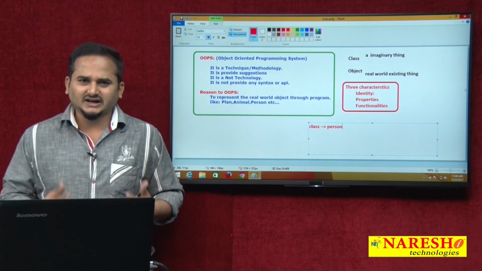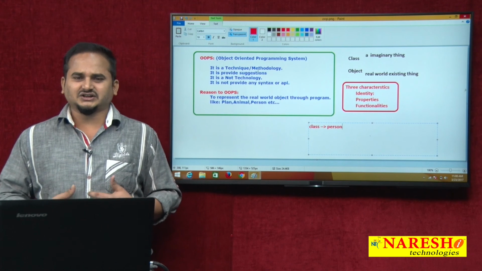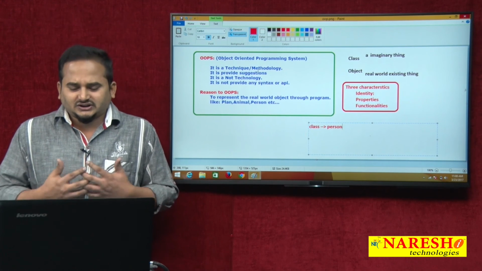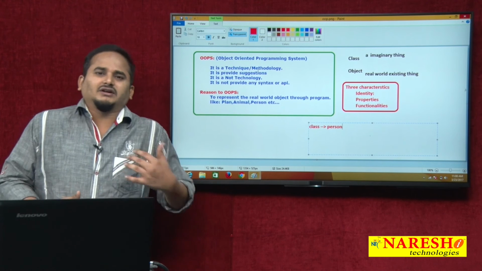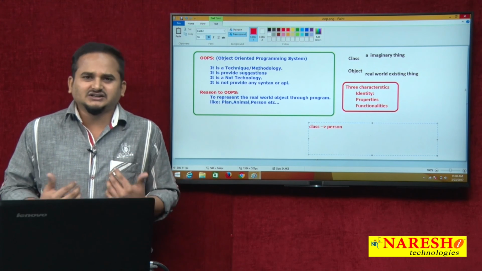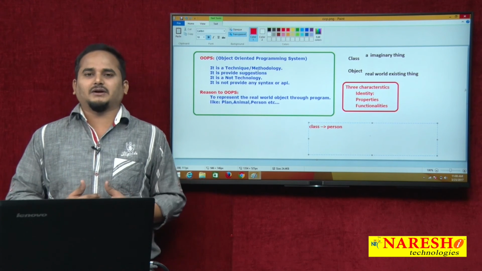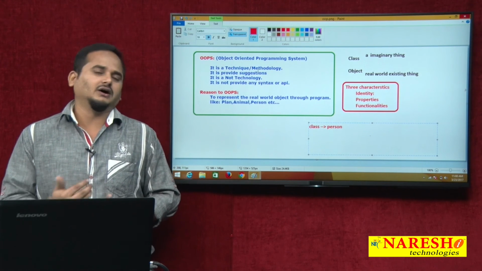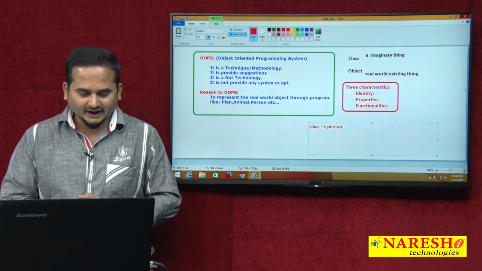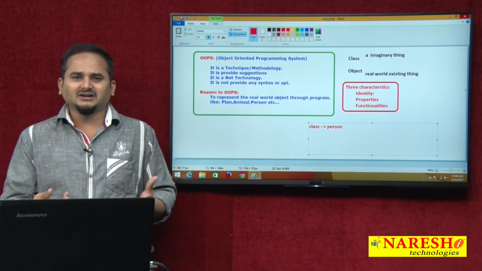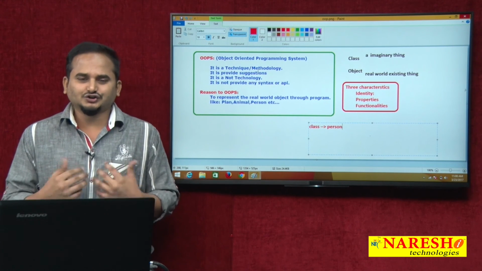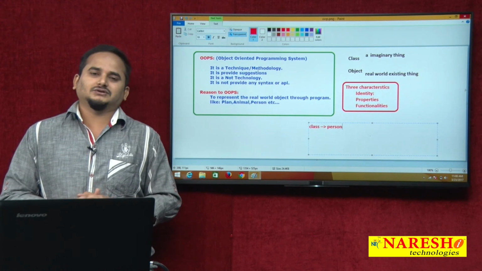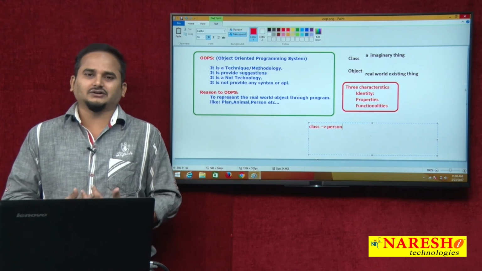An object is nothing but a real world existing thing. It only exists when the terminology is available, meaning the class is available. If a class is available first, then only can we develop an object. Understand or not? For example, if there is no terminology like a course, there is no terminology like Java or .NET.